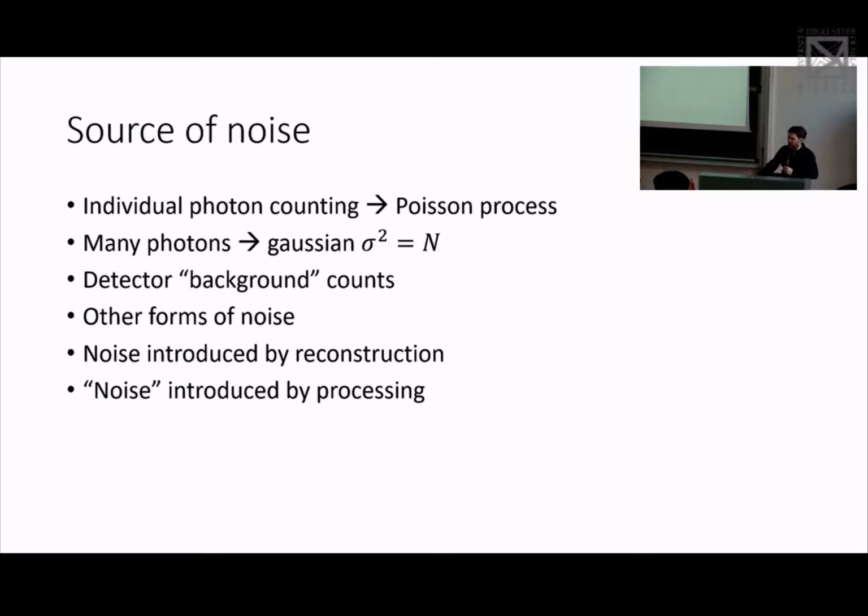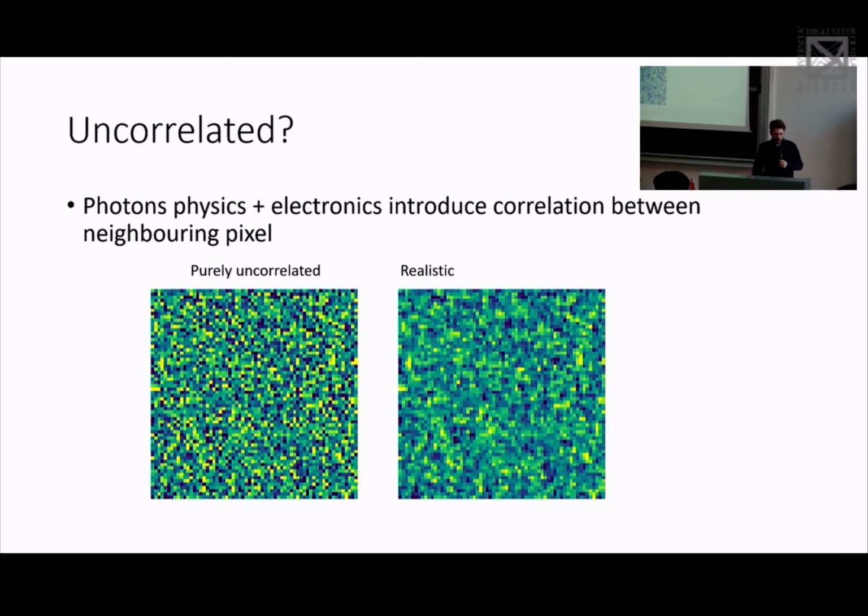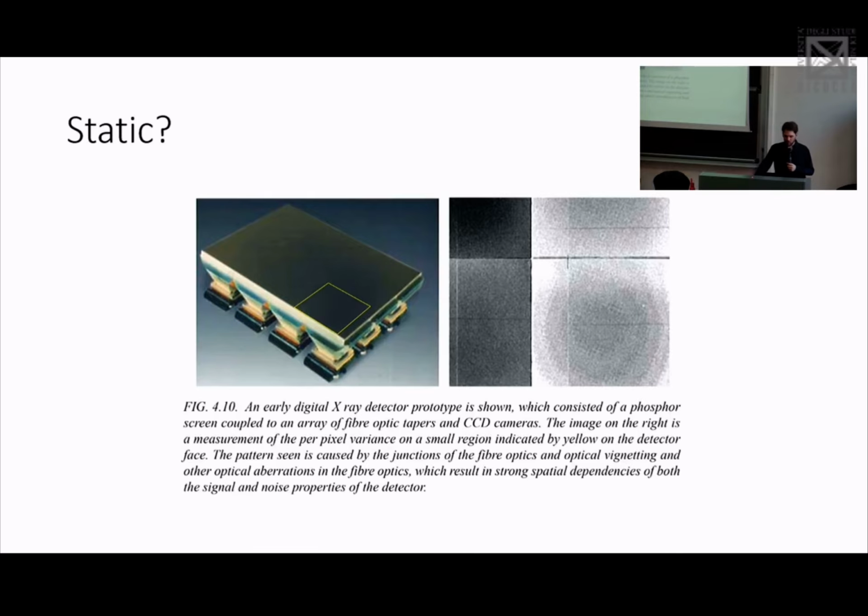Depending on the regime you're working in, it can behave as a Gaussian process or a Poisson process, but that's not super relevant in this course. You can also have some background counts from the electronics of your detectors. You can also have some noise introduced by all of your processes. Okay, let's skip these definitions.